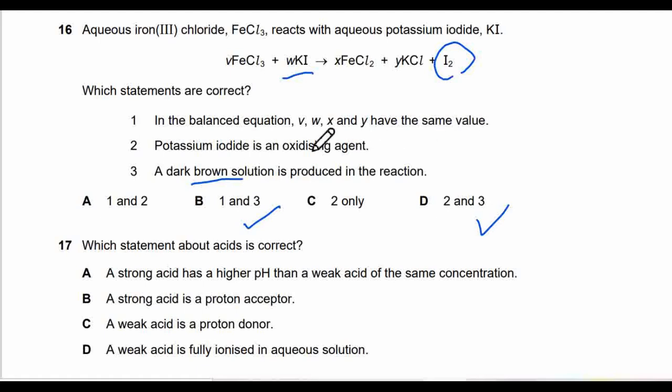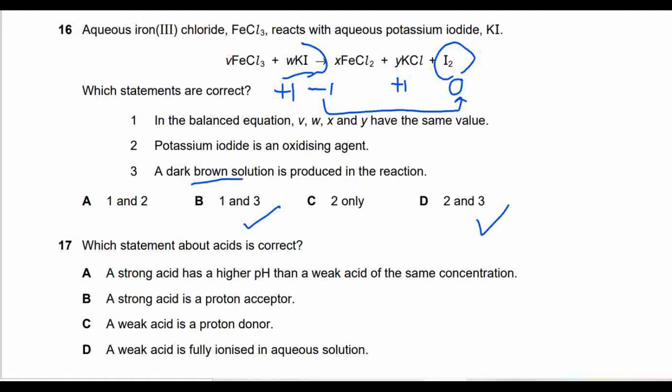And point number 2, potassium iodide is an oxidizing agent. It means it will be reduced. But in here, in potassium iodide, the oxidation number of I is -1, K is +1. But in here, K remains +1 and I becomes 0. So there is an increase in oxidation number of I from -1 to 0.